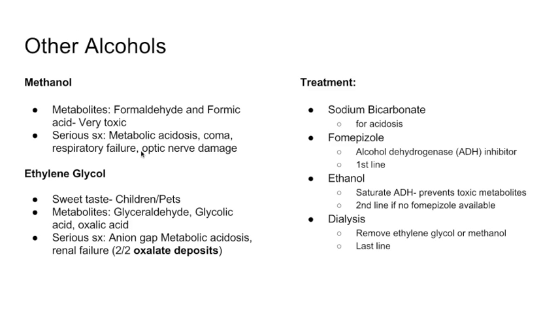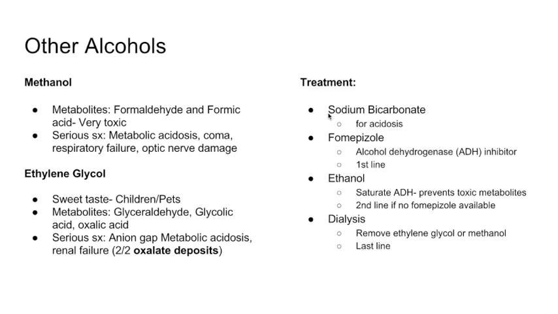If the patient has optic nerve damage, then most likely it's methanol. If patients have oxalate deposits or you have any hint of renal failure, then it's ethylene glycol. And with methanol, you don't necessarily have to get optic nerve damage. It's just a distinctive characteristic. So it's very important to know the difference between these two.